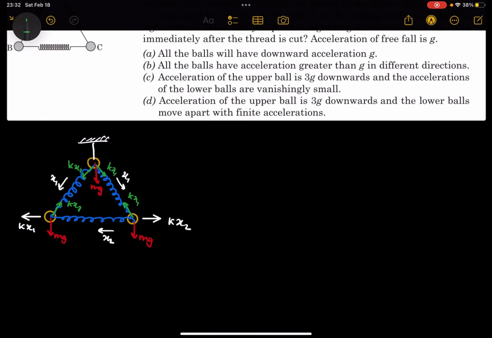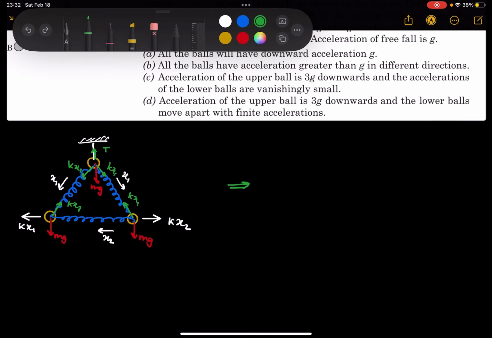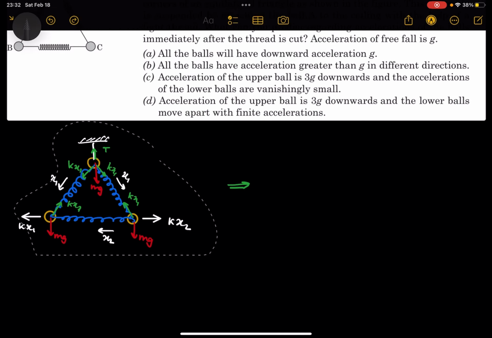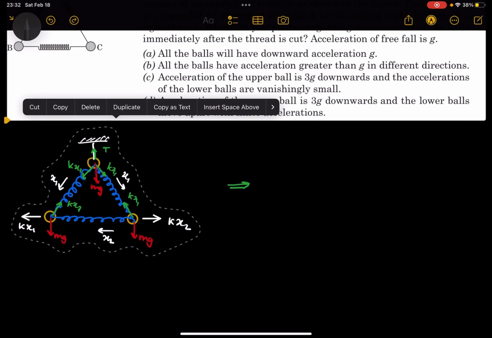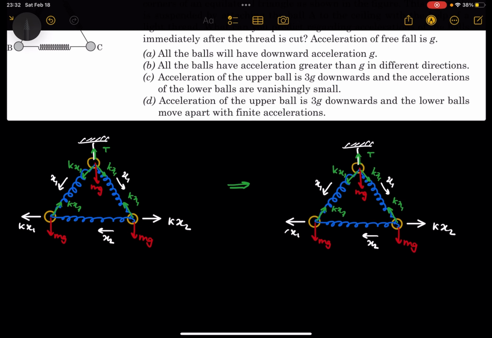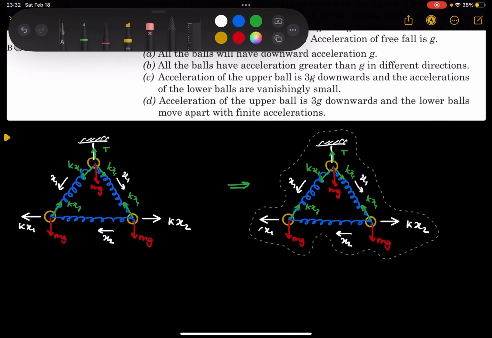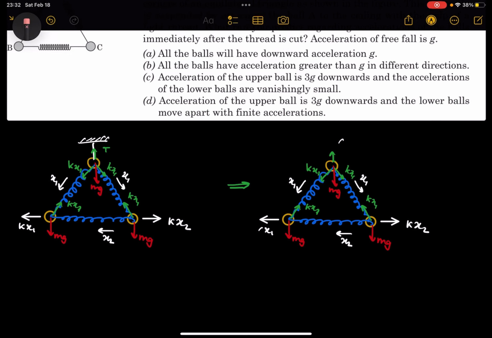So once you cut the thread, what is happening? Just look, once you cut the thread, only this tension becomes 0. This tension is T. So once you cut the thread, immediately the tension becomes 0.